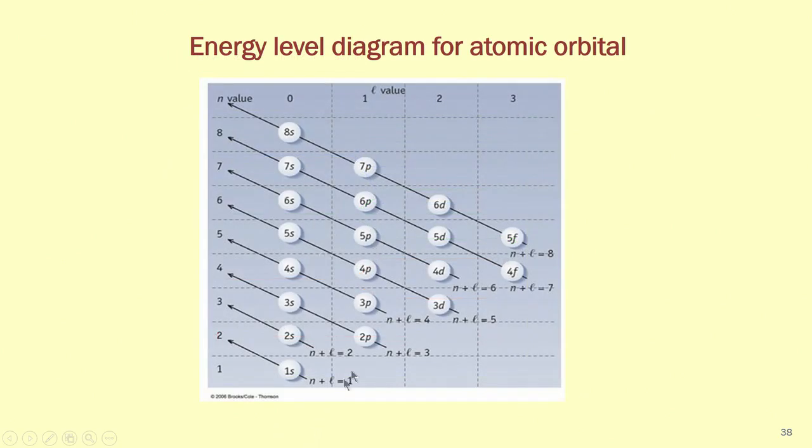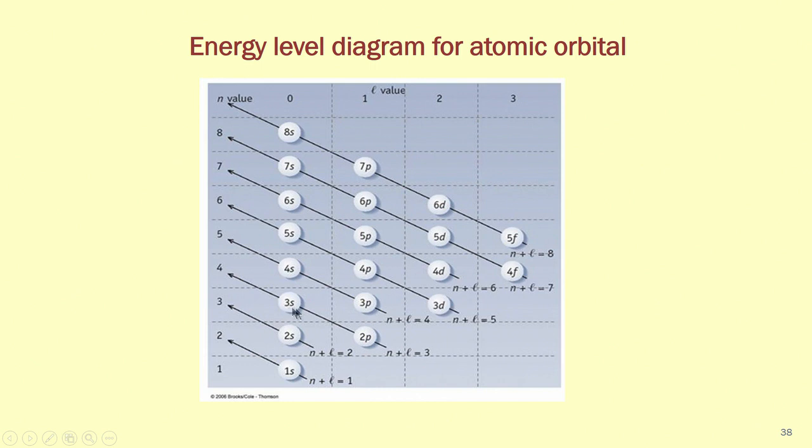So, now you can imagine the energy level diagram for the atomic orbitals. If I have the n value here, and then the l value 0, 1, 2, 3, and n can be 1, 2, 3, 4, 5, 6, 7, 8, and this will have the 1s orbital, n plus l equal to 1, and there will be the 2s orbital.